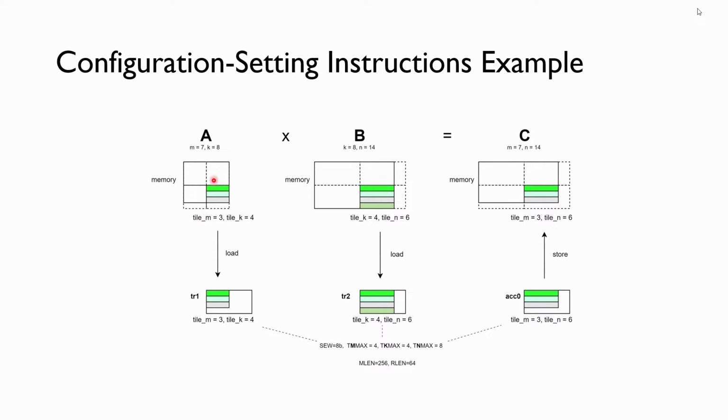In the last iteration of the tiled matrix multiplication, the matrix A is a 7x8 matrix. So in the last iteration, the left tile is of shape 3x4. So the tile M is set to 3 and the tile K is set to 4.